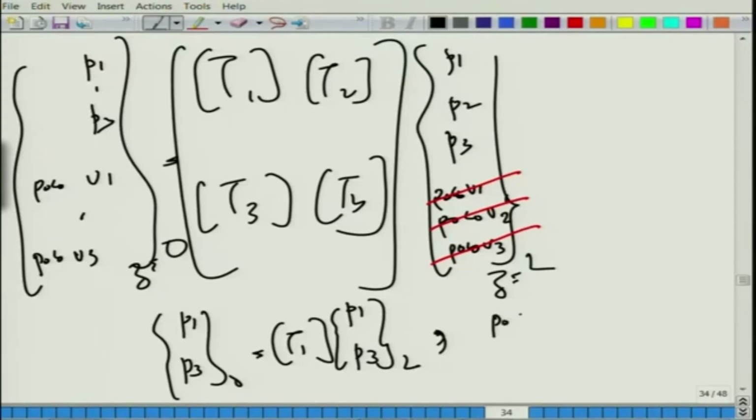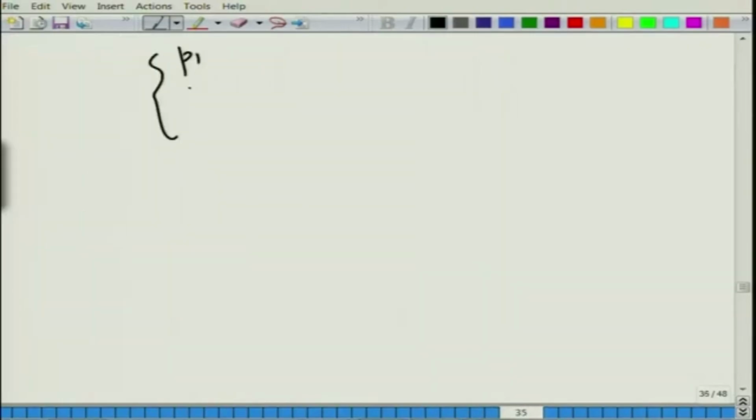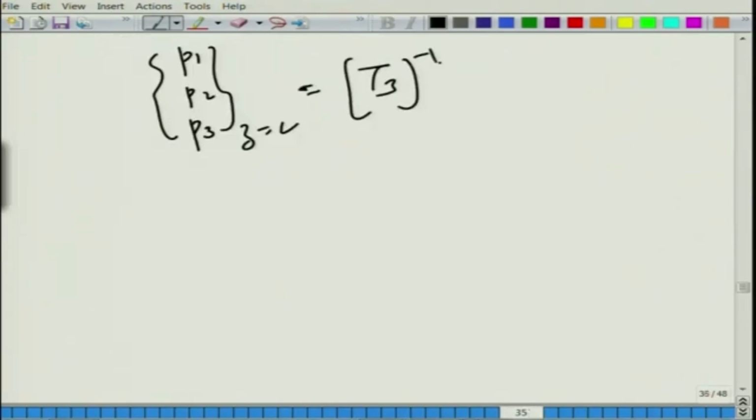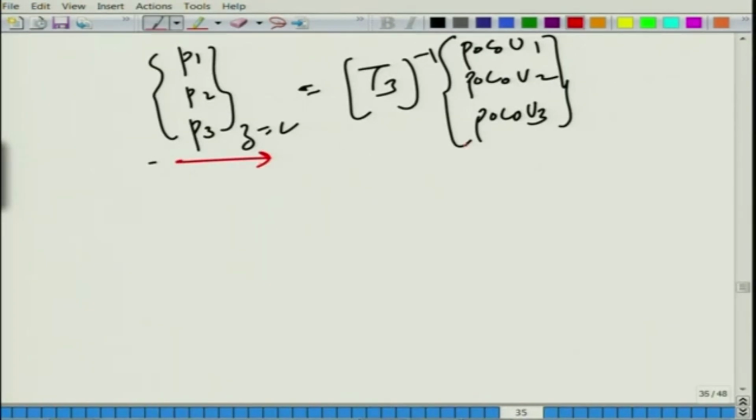Similarly, rho naught c naught U1 to rho naught c naught U3 is equal to T3 matrix times P1 to P3 at L. So, P1 P2 P3 is the inverse of this, so this will become T3 inverse of rho naught c naught U1, rho naught c naught U2 and rho naught c naught U3.